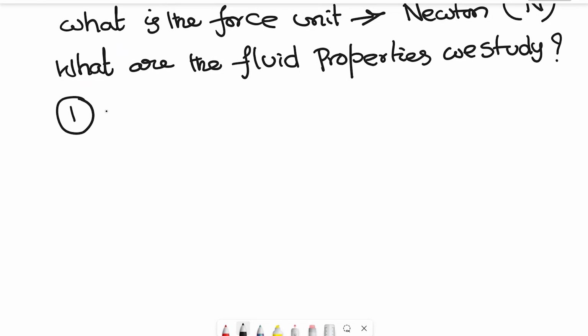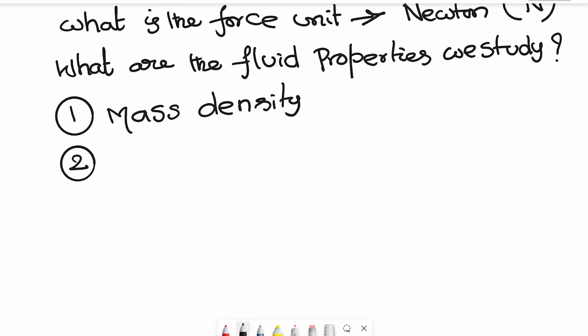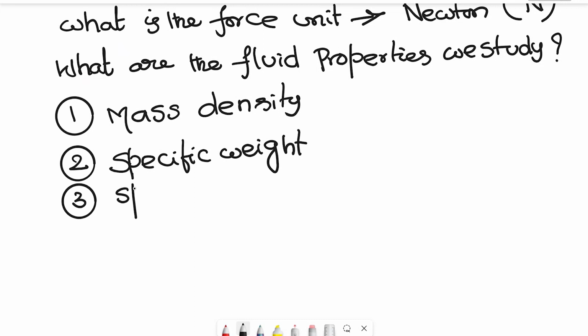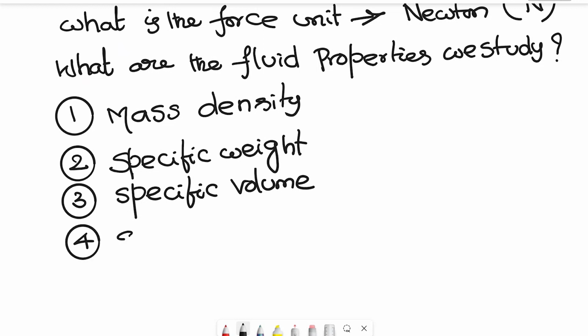Number one is mass density, which is very, very important. Number two, specific weight. Number three, specific volume. Number four, specific gravity.